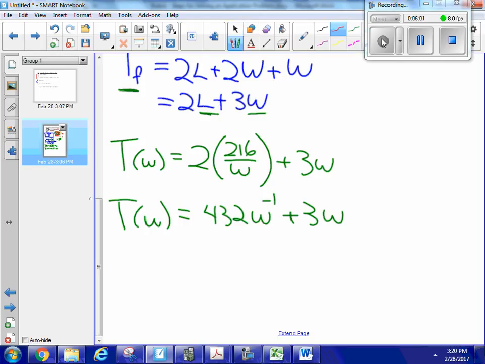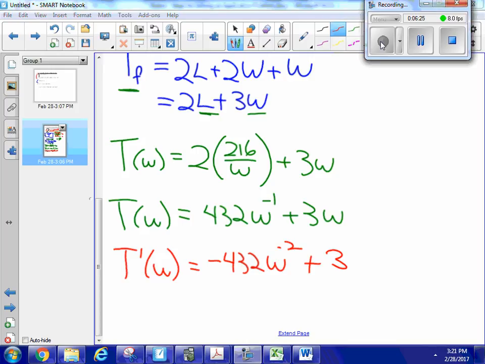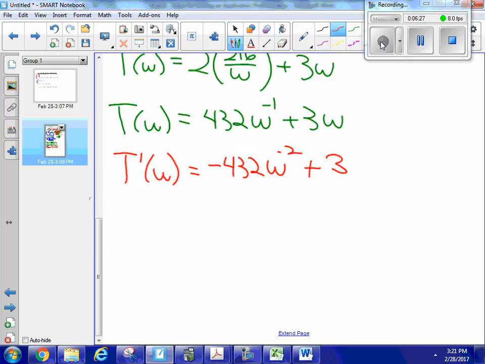If I pick up my pen. So T prime of W would be equal to negative 432 W to the negative 2, plus, well, it looks like it's just plus 3. Let's make it a little bit nicer here.